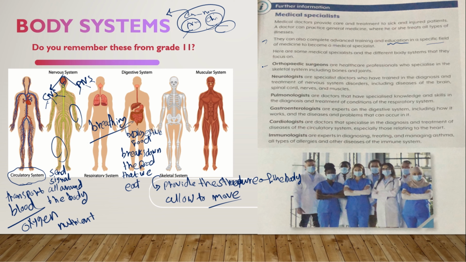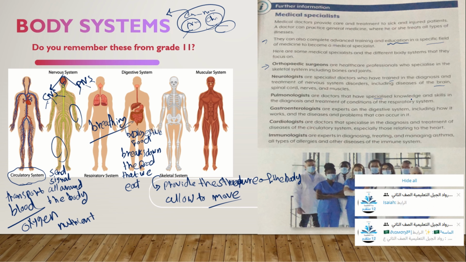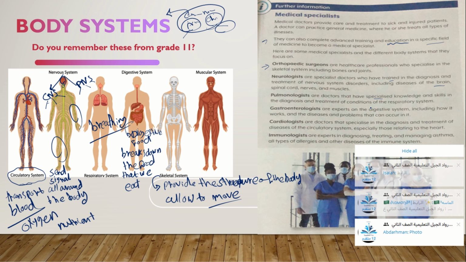Firstly, an orthopedic surgeon is a healthcare professional who specializes in the skeletal system including bones and joints. A neurologist is a doctor who is trained in the diagnosis and treatment of nervous system disorders including diseases of the brain, spinal cord, nerves and muscles. Pulmonologists are doctors that have specialized knowledge and skill in the diagnosis and treatment of conditions of the respiratory system.